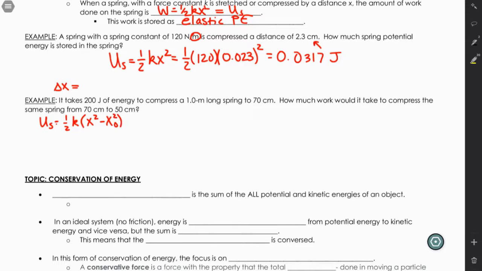Now, what you will end up seeing is that it looks like it's going to be a negative number. So let's just work this out. What is K going to be? K is going to be 2U sub S over this difference. And so when we plug this in, we're going to do.